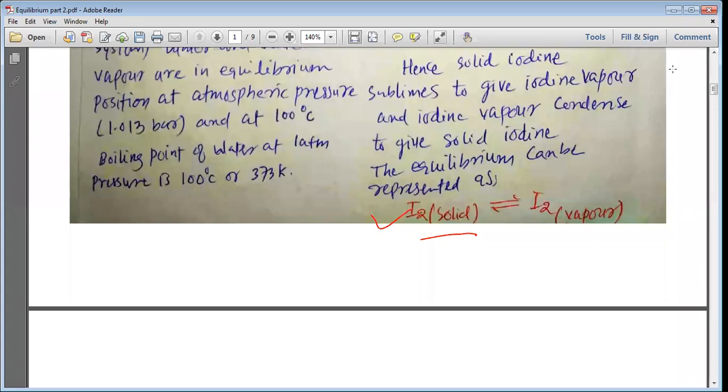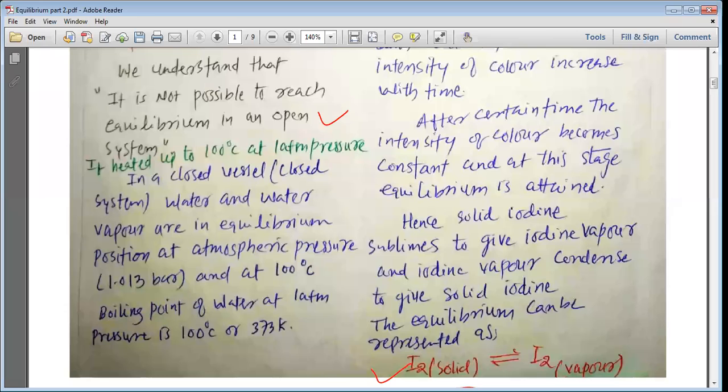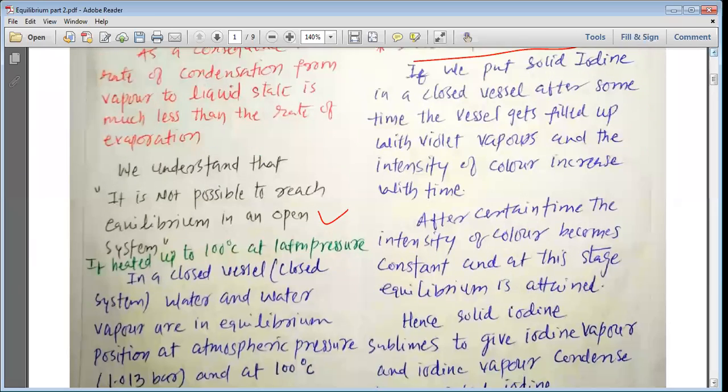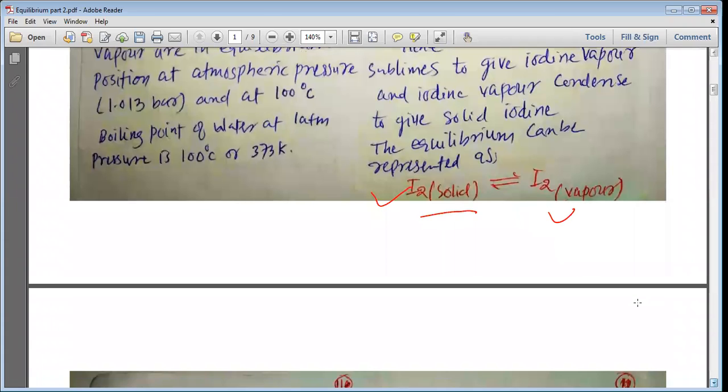At some point of time the intensity of color of iodine becomes stable, and now it does not increase, and this is how we can say that there is an equilibrium established between the violet vapor of iodine and the solid iodine.